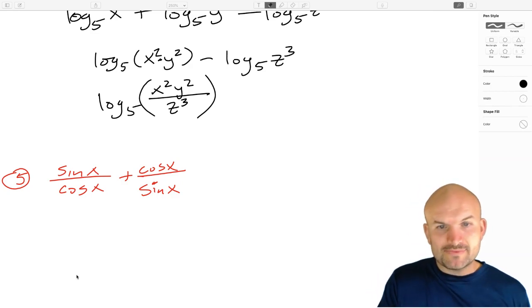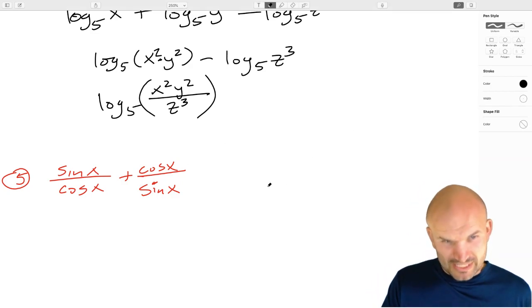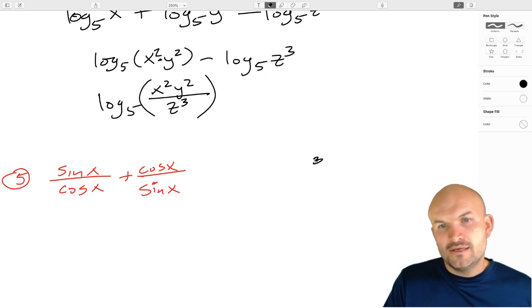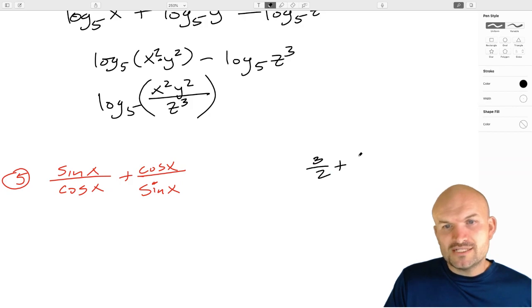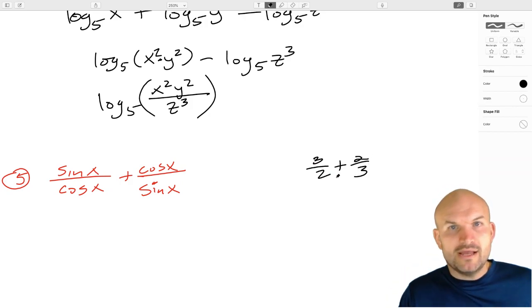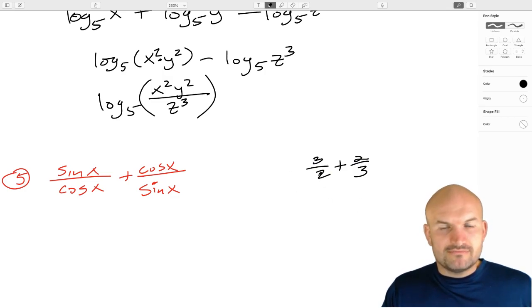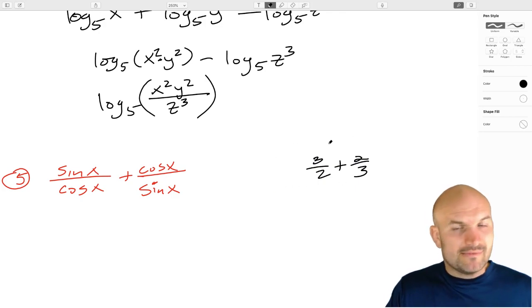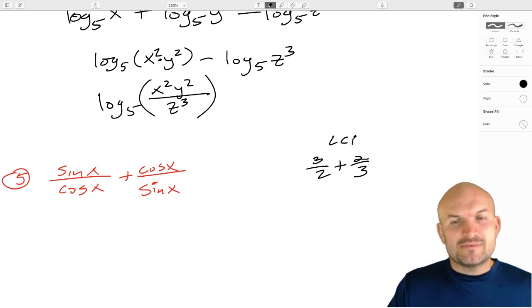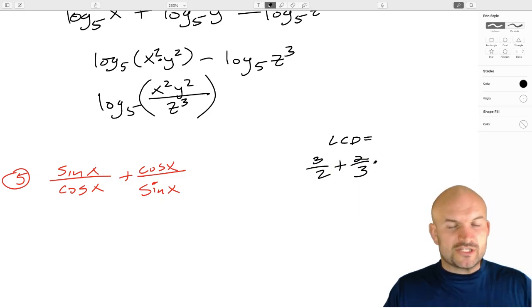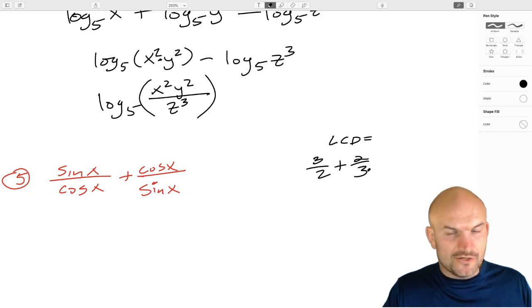So the way that I explain this to my students when we did this problem, because this is a very popular problem in identities, is like if I said 3 over 2 plus 2 over 3. I mean, this is like a pre-algebra problem. It's just a fraction plus another fraction, and they don't have common denominators. So therefore we have to find the common denominator. Now the easiest way to find a common denominator is just to multiply the two. Obviously you want to look for the common multiple that 2 and 3 share, that they both divide into.